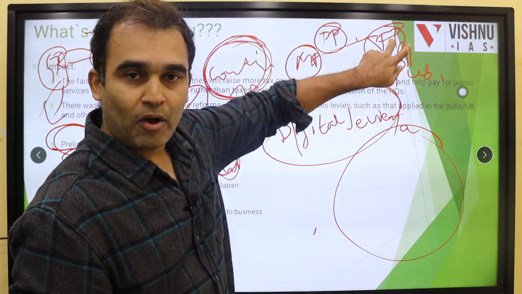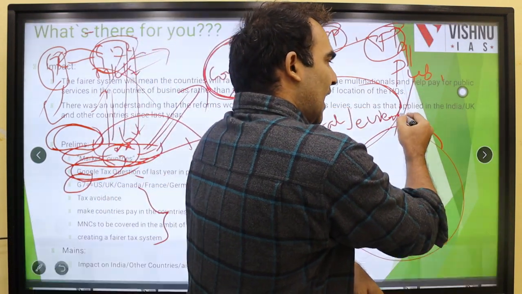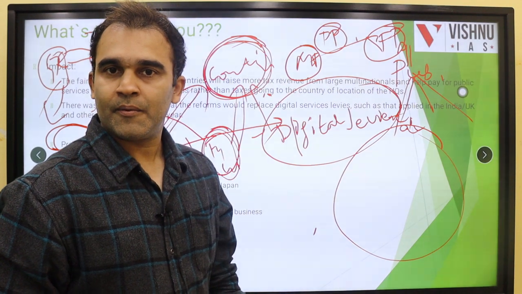So now come back. Under fiscal policy you will have public finance. Under public finance you read taxation, expenditure and debt of the government.